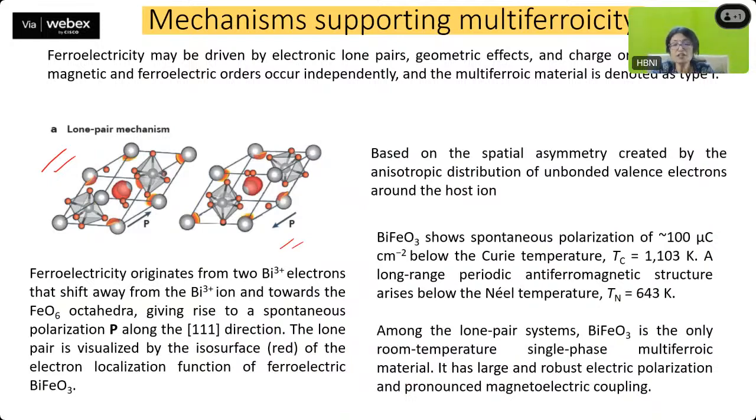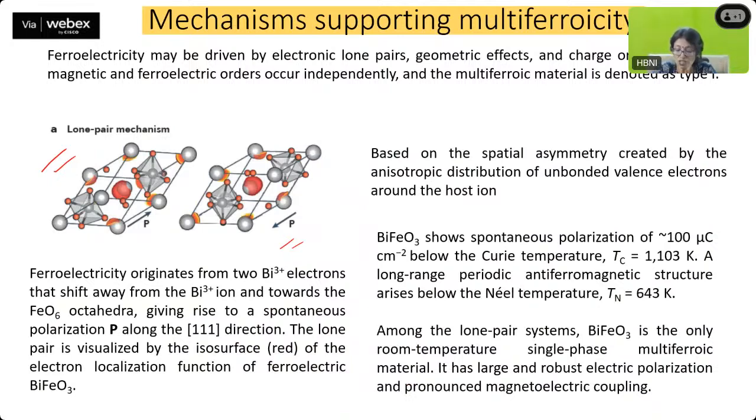Here two of the Bi3+ valence electrons do not participate in chemical sp hybridized states, and they create a local dipole leading to a macroscopic spontaneous electric polarization of the order of 100 microcoulombs per centimeter square. So the polarization is the primary symmetry breaking order parameter, classifying BiFeO3 as a proper ferroelectric.